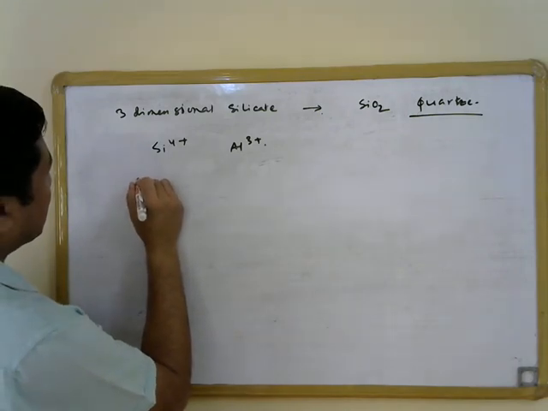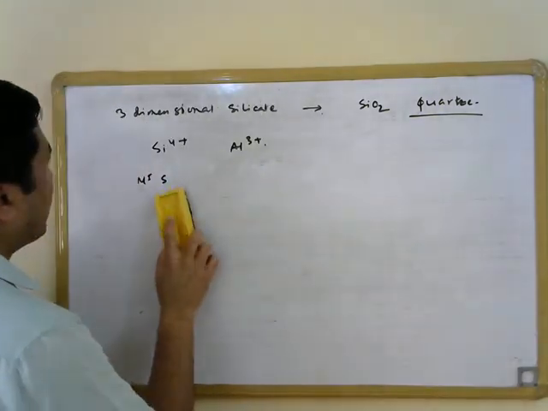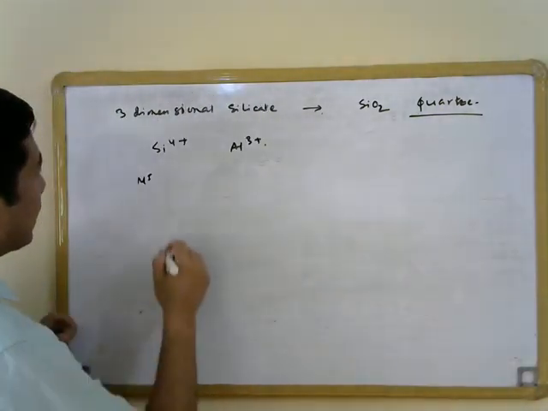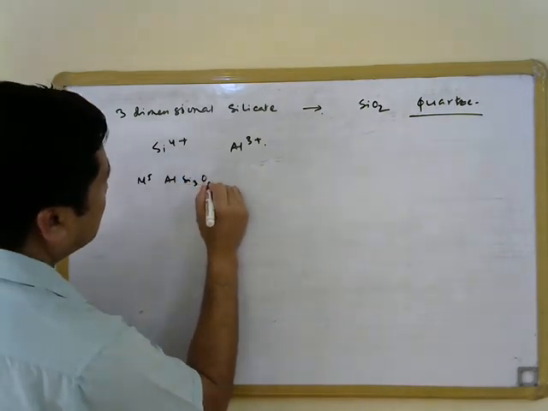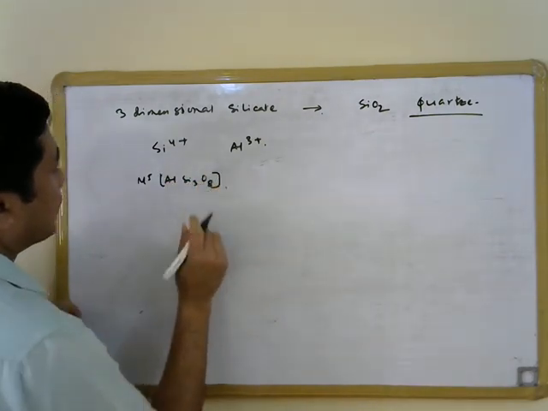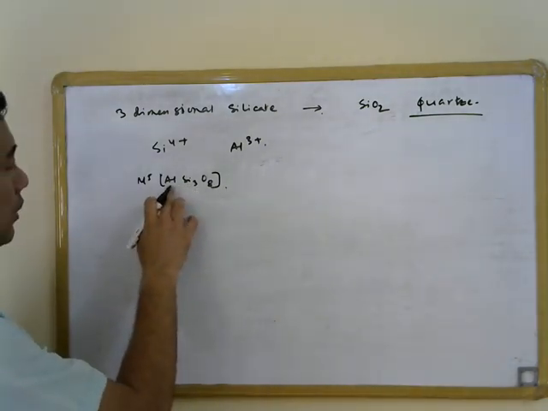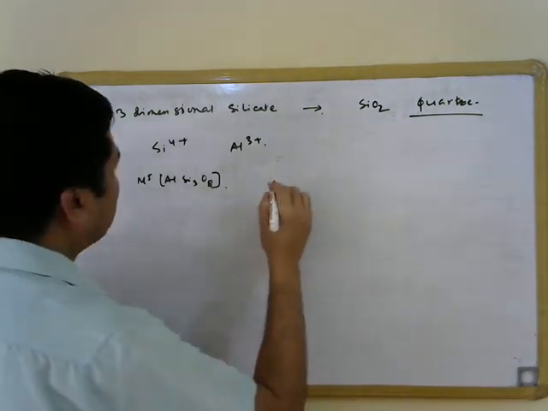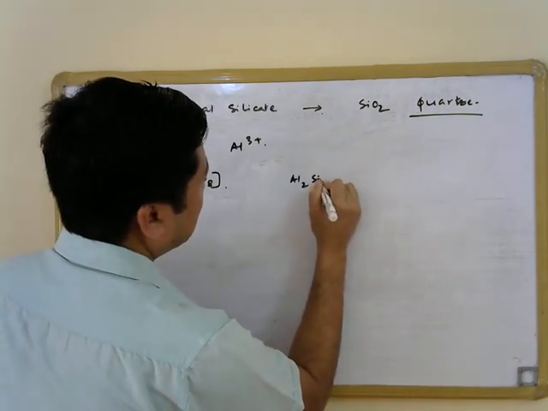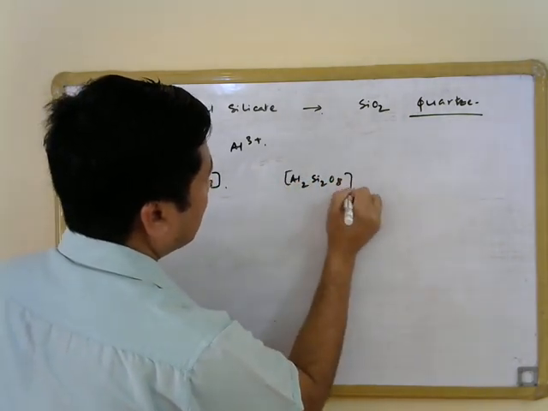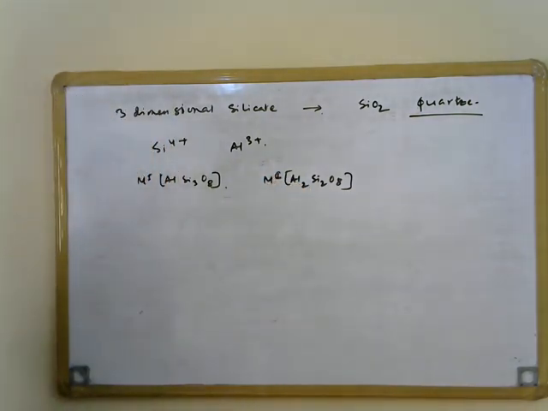So in the first case, when we replace one quarter of silicon atoms, we have formation of this sort of mineral, where out of 4 silicon, one is replaced by aluminium, and we can also replace one half of the silicon, and in that case this is going to be the formula.